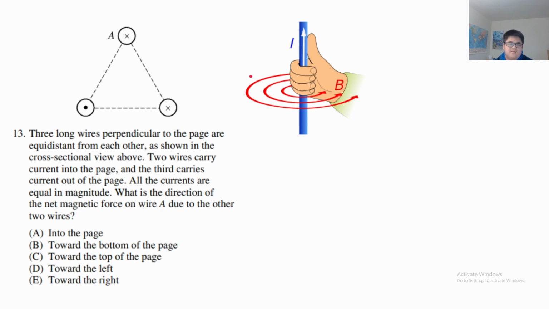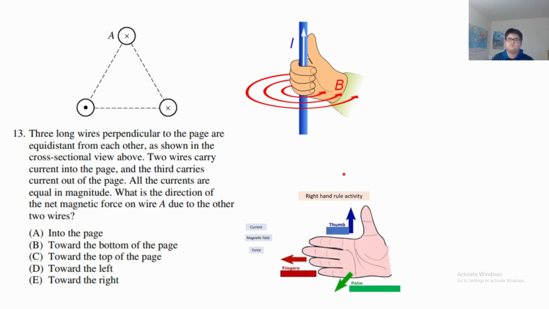So the magnetic force is perpendicular to the plane created by the current and the magnetic field. And you use this right-hand rule. Your thumb would be the direction of the current, your fingers would be the direction of the magnetic field, and your palm would be the direction of the magnetic force.